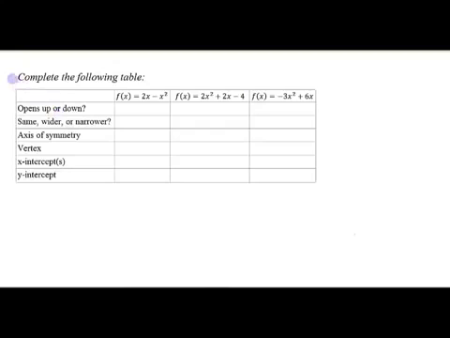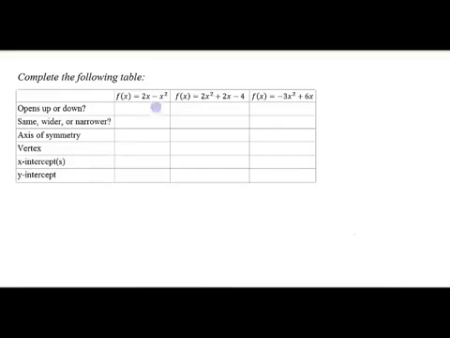Let's complete the following table. For each of these parabola functions, we're going to decide whether it opens up or down, whether it's the same, wider, or narrower than our standard y equals x squared parabola. We'll identify the axis of symmetry and the vertex, and find the x-intercepts and y-intercept.